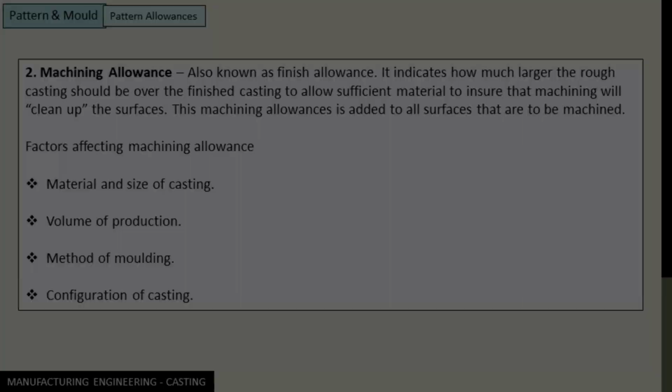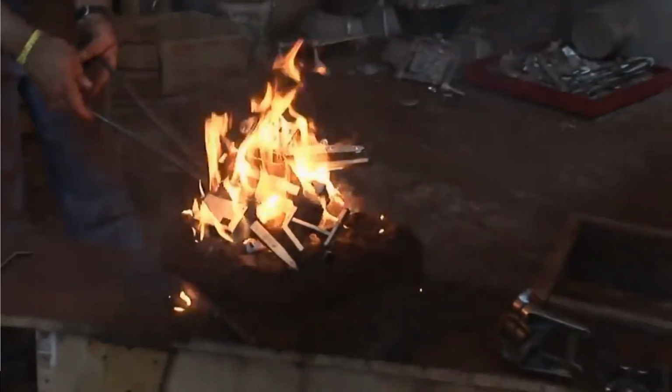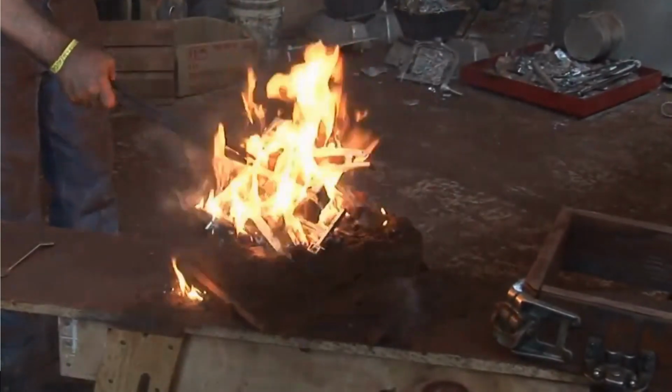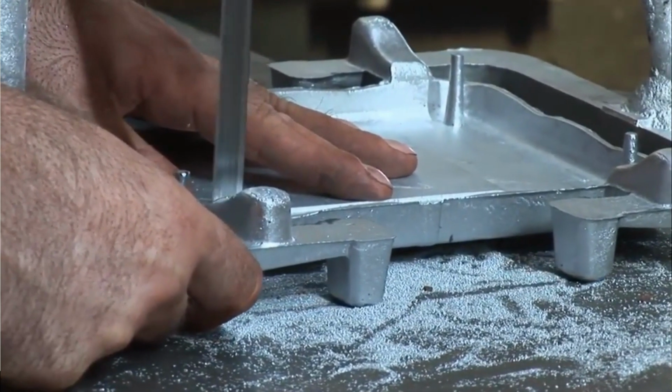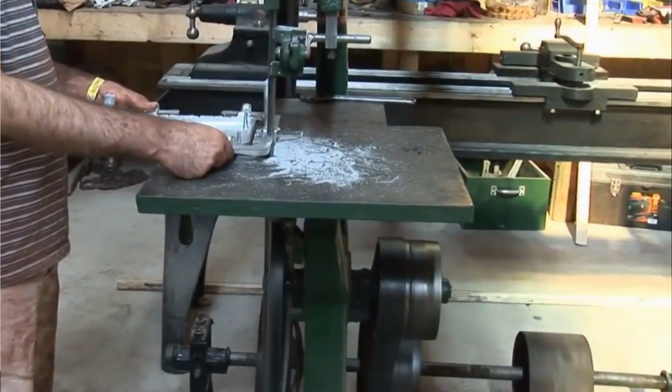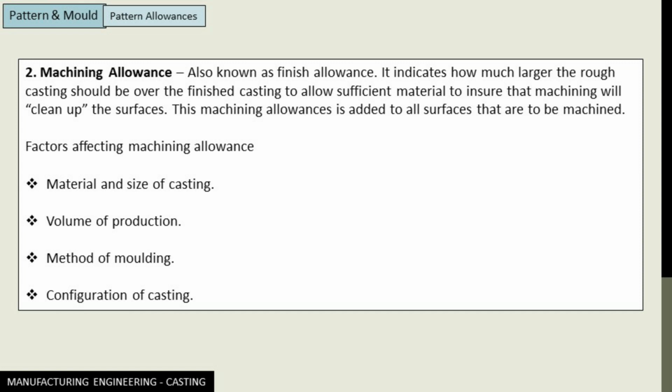The next allowance is known as the machining allowance. I must have told you in the very beginning that the casting components created by the casting process are not dimensionally accurate. We need to provide further machining to get the desired outcome, and hence machining allowance has to be there.